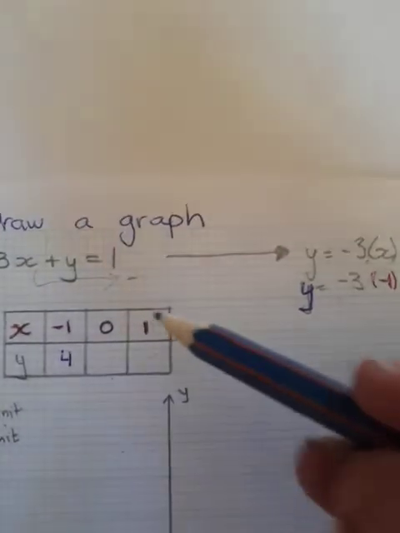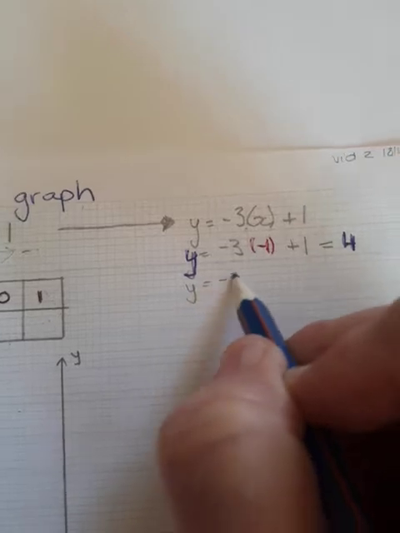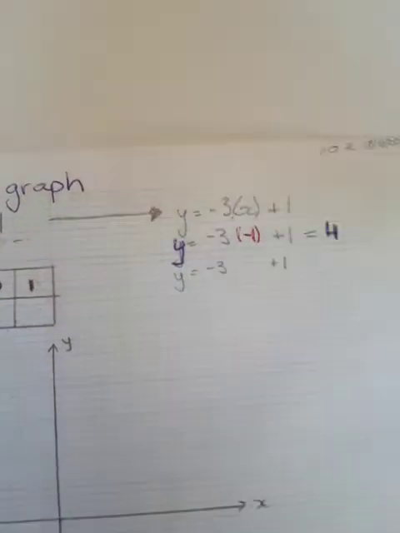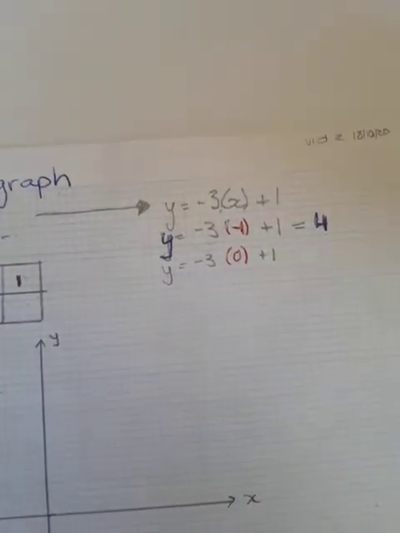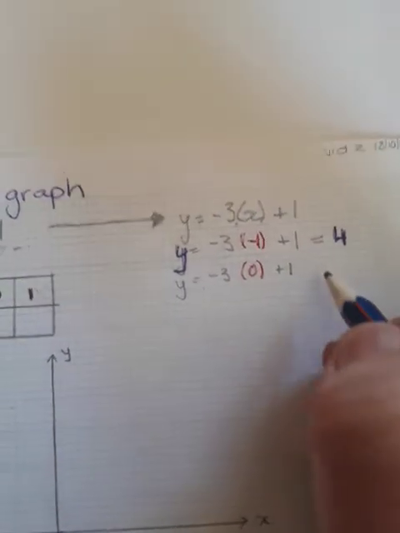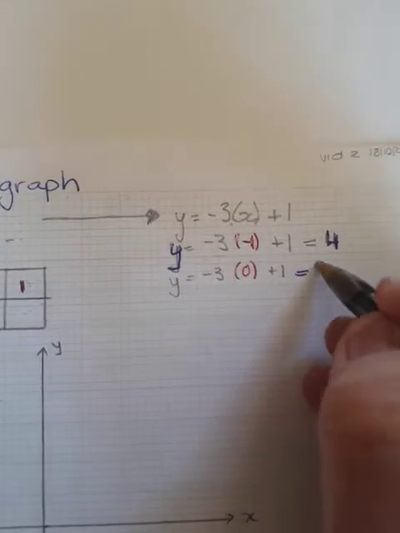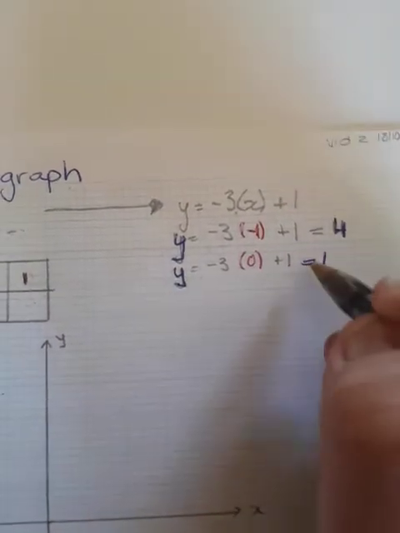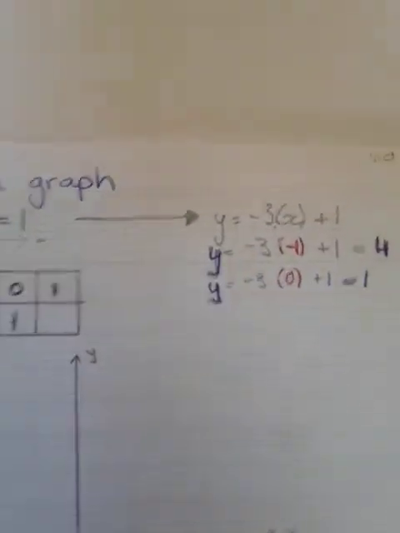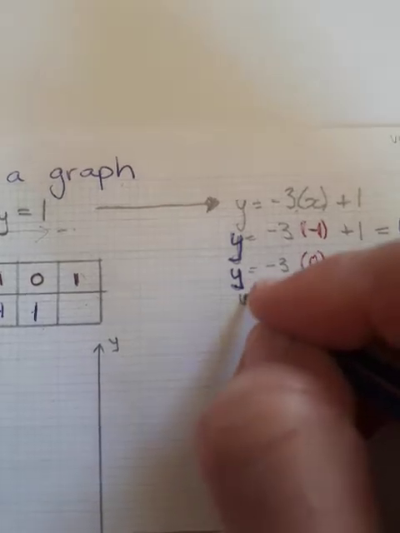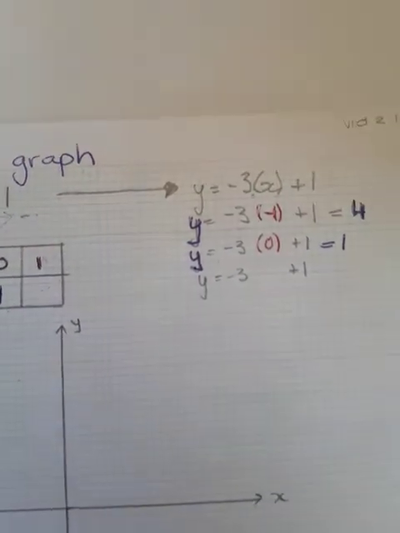Now for the second point, which is 0, I again have y equals negative 3x plus 1. Substitute your 0, calculate that point, and that gives you 1. So y equals 1. And then for the last one, y equals negative 3x plus 1.